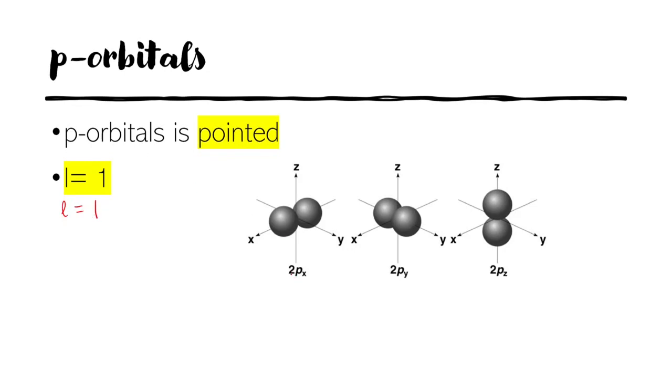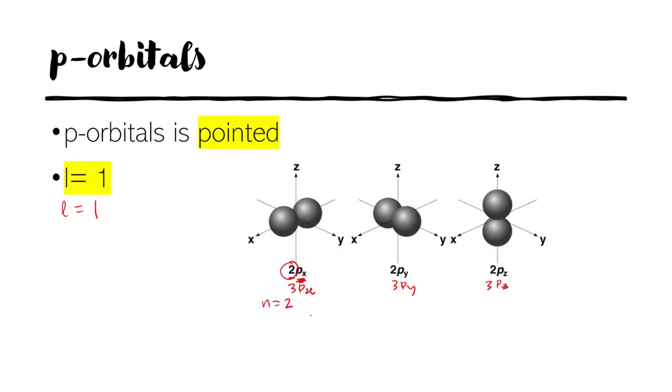This 2px is available when n equals to 2. You can also find orbital P in n equals to 3. If this is at orbit 3, it will be 3px, and this one will be 3py and 3pz.